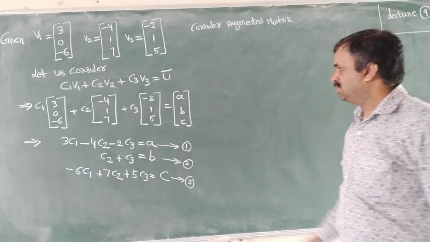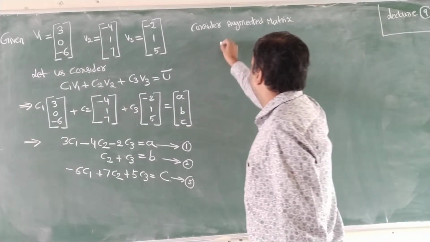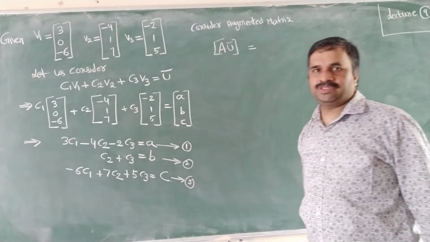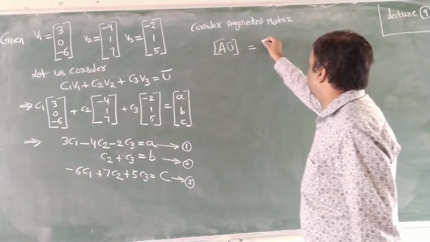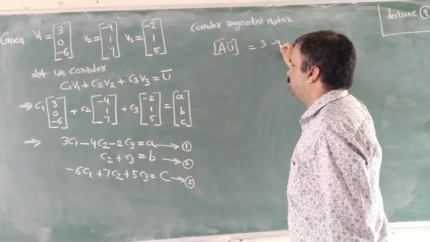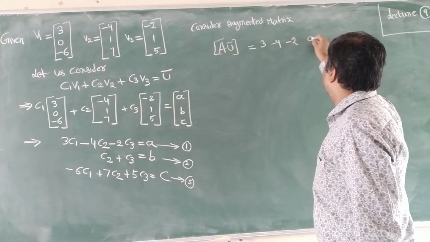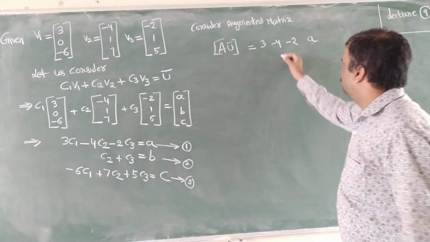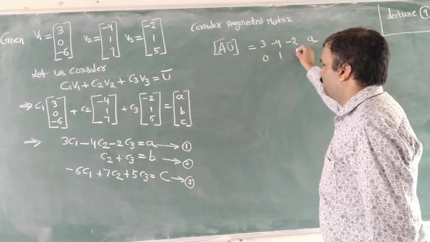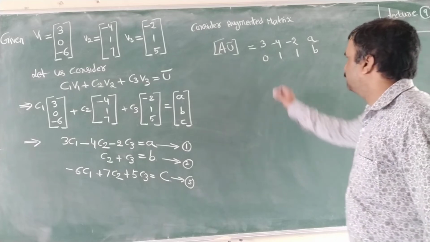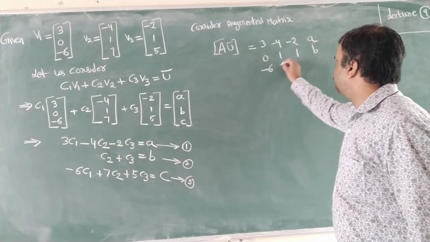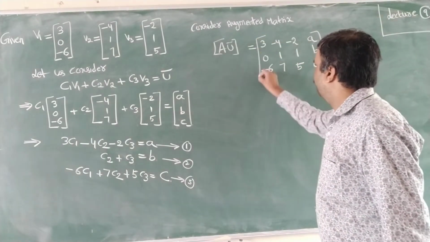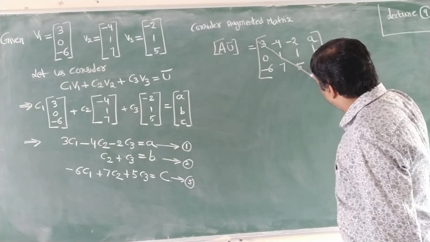Consider the augmented matrix [A | U bar]. The first row is 3, -4, -2, A. The second row is 0, 1, 1, B. The third row is -6, 7, 5, C.